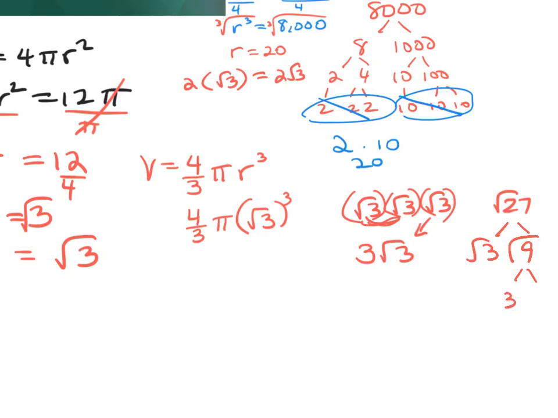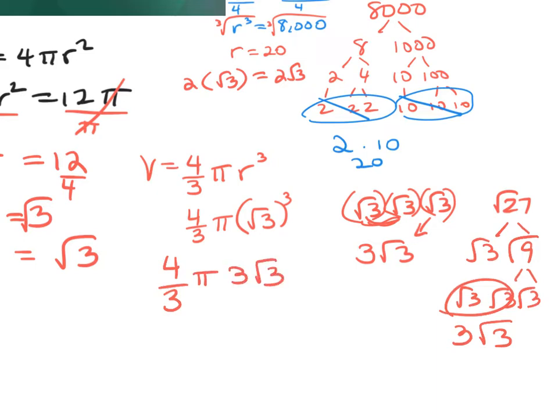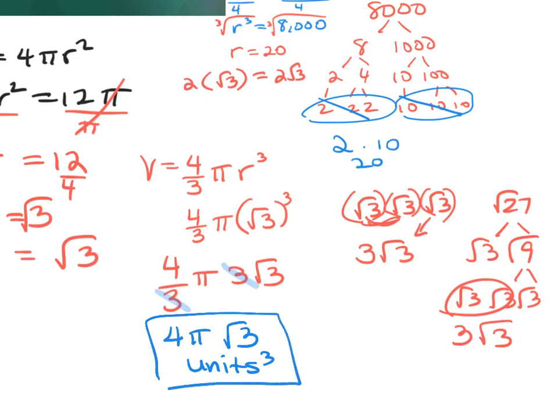And then 3 and 3, which is really what you started with, pair of 3s, it comes out, and then there's that. So now I have 4/3 pi times 3 radical 3. I can simplify this 3 with this 3, and then my final answer is 4 pi radical 3. And these are units to the 3rd power.